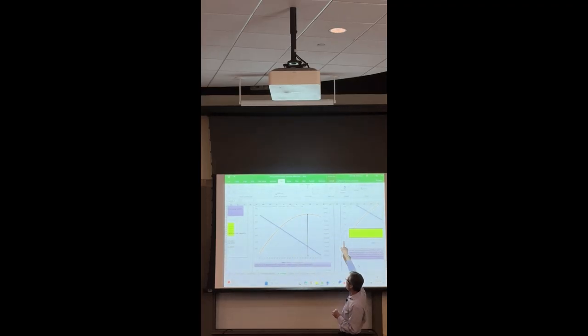And the orange curve has got my profit curve, just like we saw before, that parabolic curve to it. And on the right-hand side is what the profits are. We can see that there's actually a fairly thin margin up here where I can make profit. It's got to be above $70 in order to make any profit, and below 120 where I'm not going to sell any units at all.